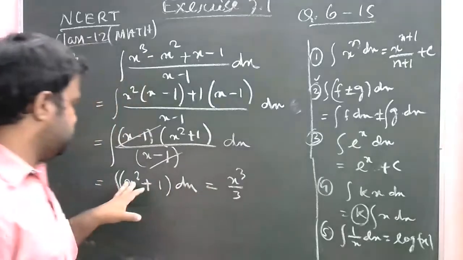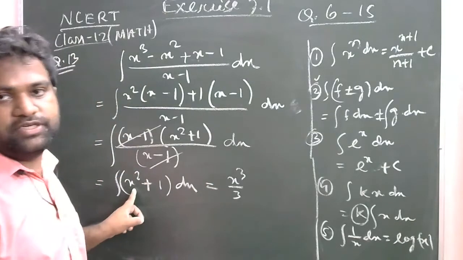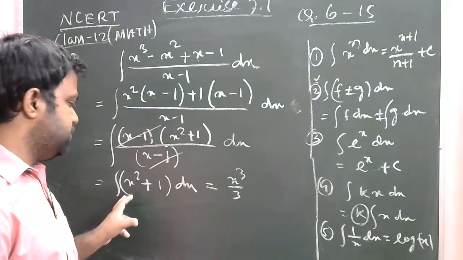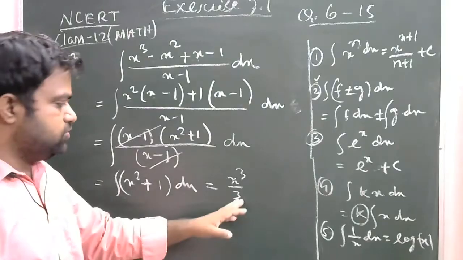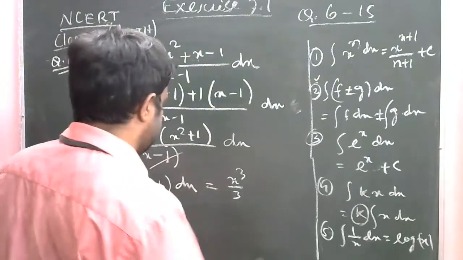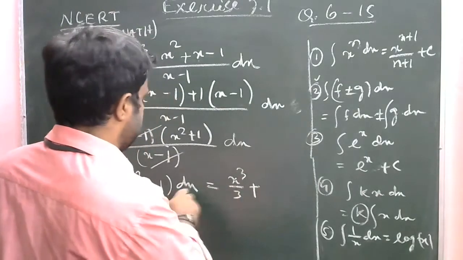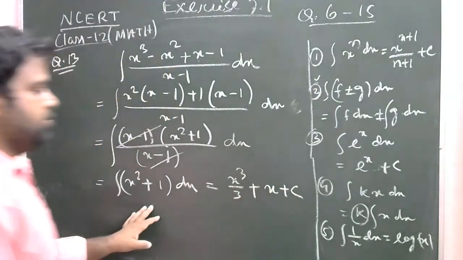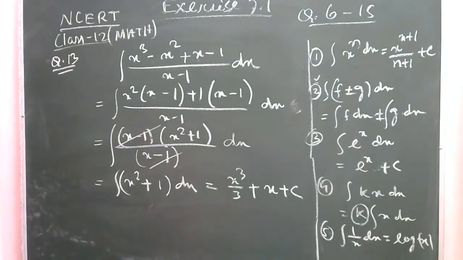So here x to the power 2, 2 plus 1 is 3, and n plus 1, that is also 3. So x cube upon 3 plus dx is x plus c. Answer is very small. Just the question is, you have to do the factorization. That's it. Nothing else is there in this problem.